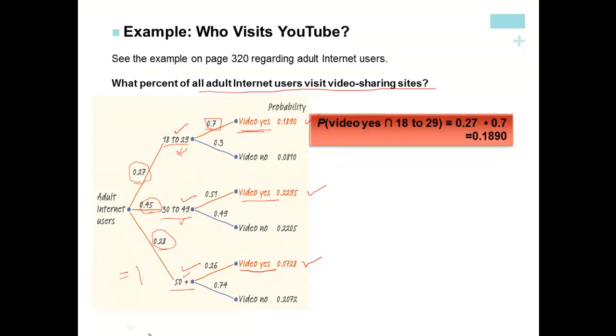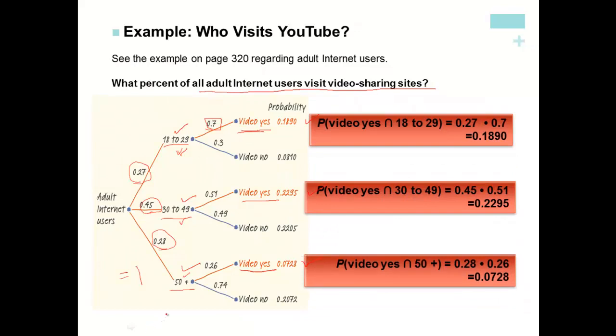You will notice that the calculations are already there for those 3 probabilities. Again, this number right here, 0.1890, comes from multiplying along the branches of the tree. The probability that they visit video sites, yes, and they're between 18 and 29 would be 0.27 times 0.7, which is 0.1890.